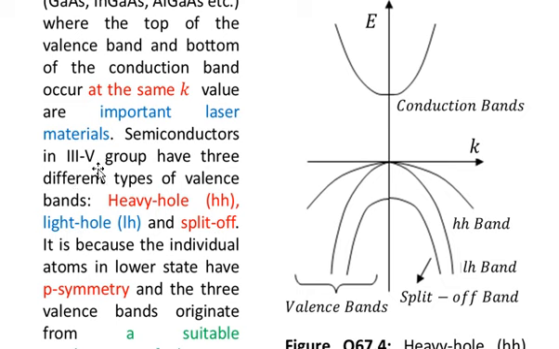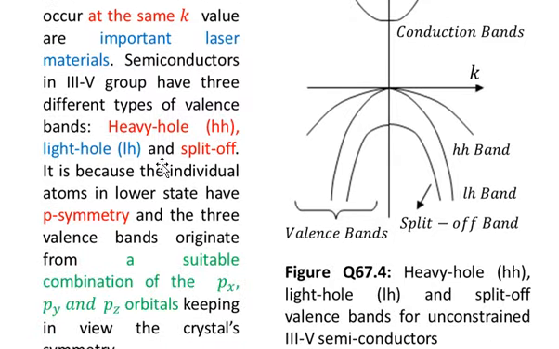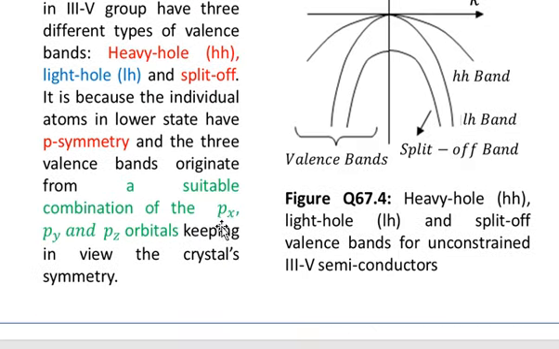Semiconductors in group 3 to 5 have 3 different types of valence bands. Heavy hole represented by HH, light hole represented by LH, and split off. So these are the 3 valence bands. It is because the individual atoms in the lower state have p symmetry, and the 3 valence bands originate from a suitable combination of the px, py and pz orbitals, keeping in view the crystal's symmetry.